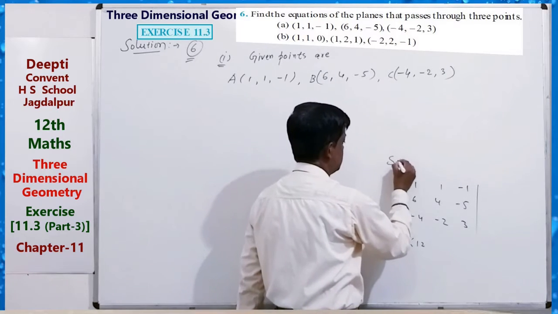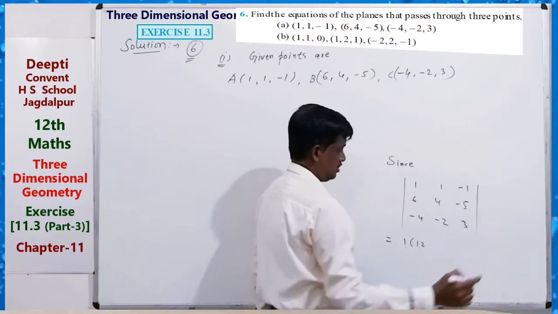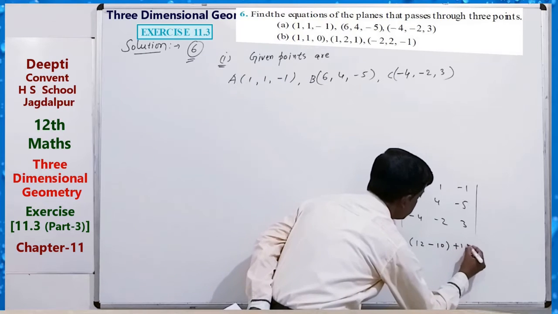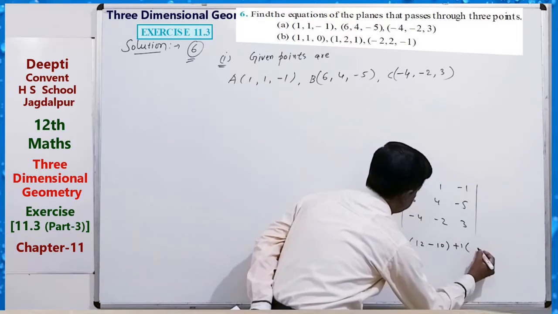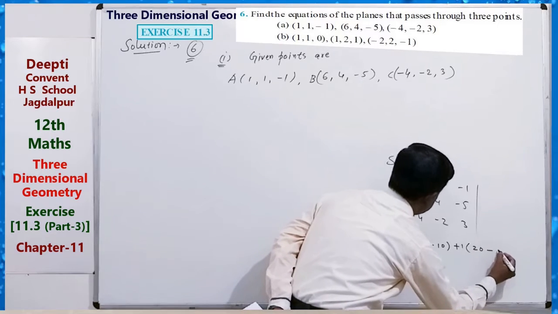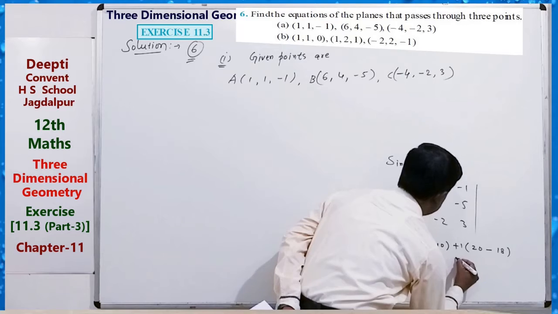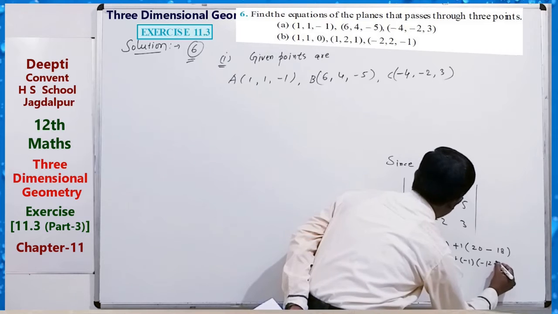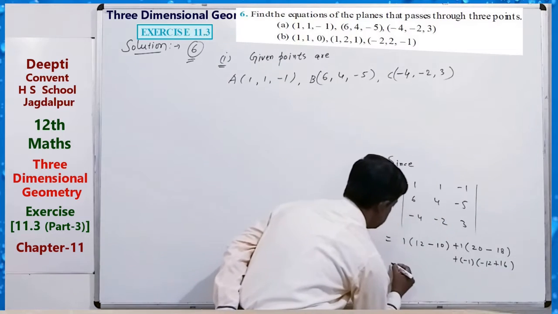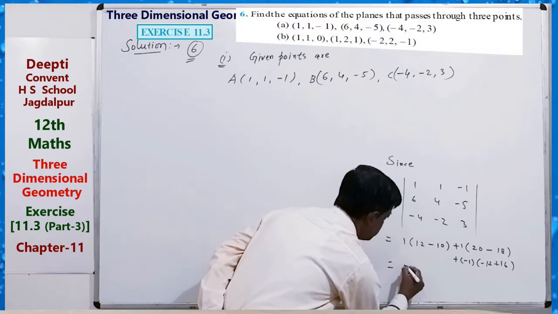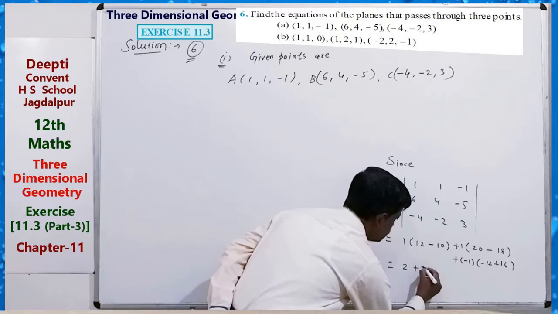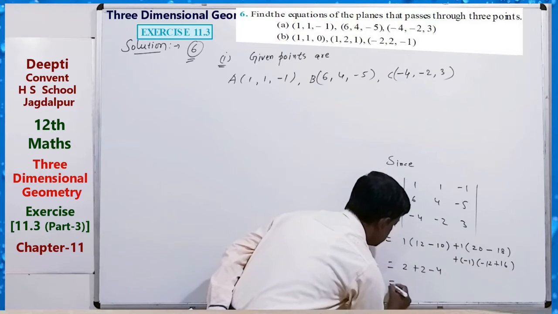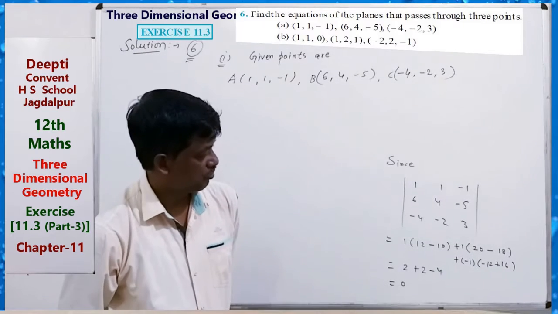So this is equal to 12 minus 10 plus 1, 20 minus 18 plus minus 1 into minus 12 plus 16. This is equal to 2 plus 2, 4 minus 1, which equals 0.